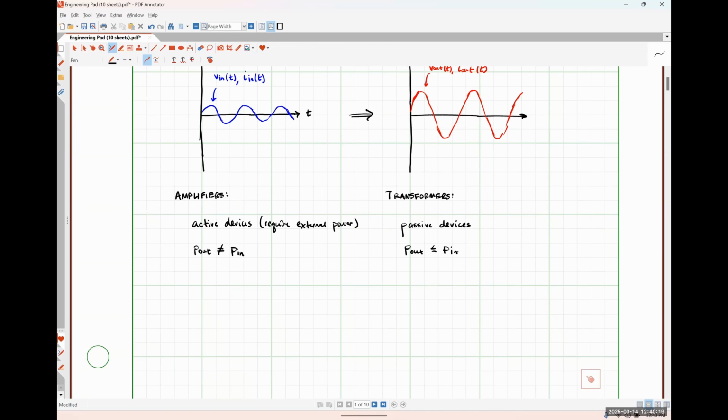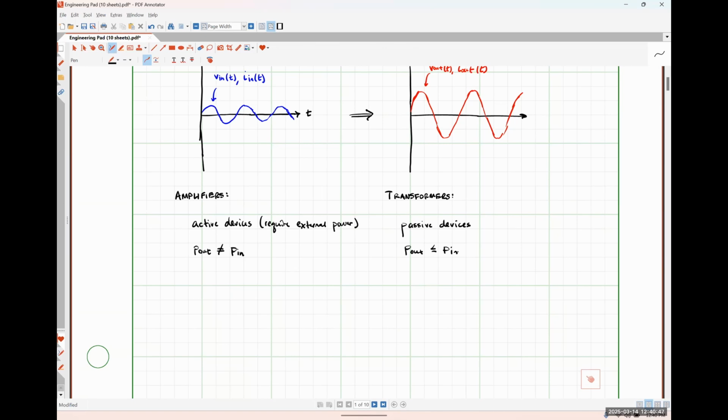Now, another side effect of our transformers obeying what we would normally consider to be the law of conservation of energy, meaning the input power has to be greater than or equal to the output power, is that anytime we use a transformer to scale up a voltage, it has to scale down the current in order to keep those powers balanced, right?